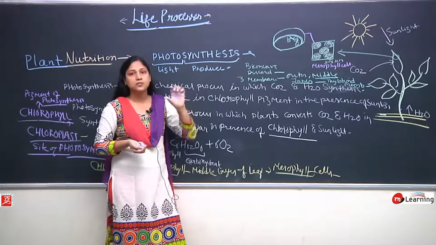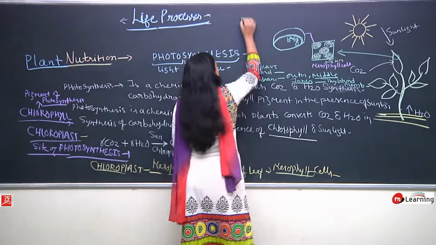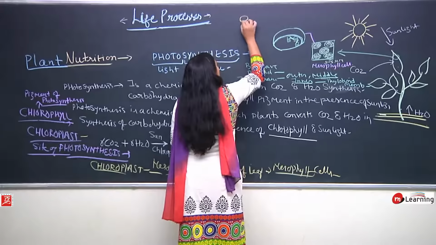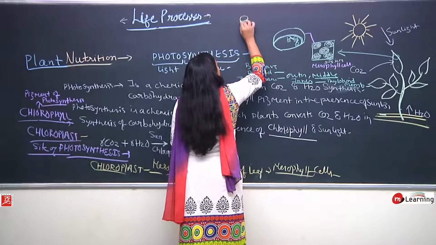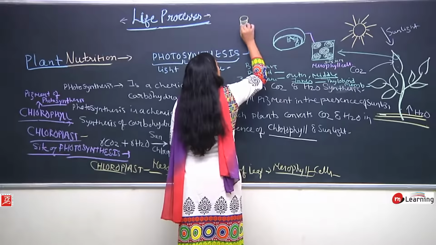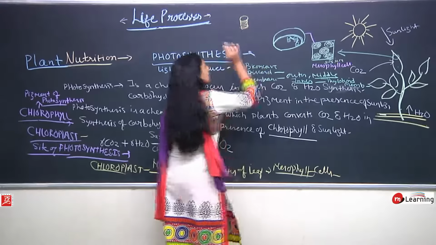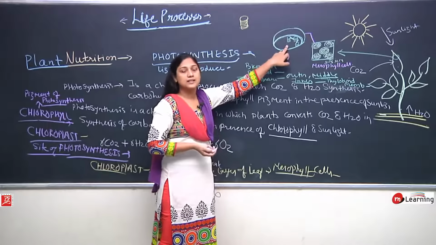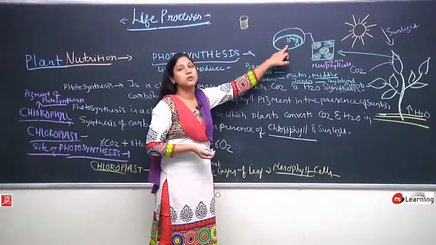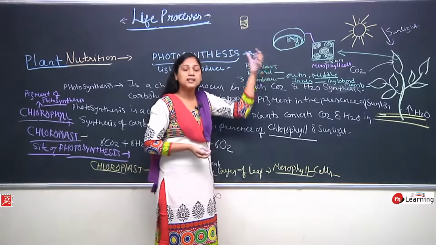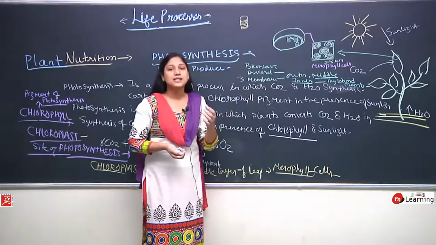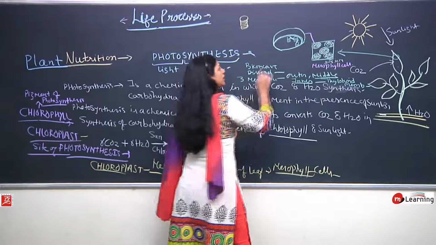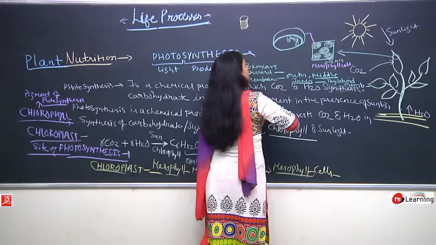A stack kind of structure, like coins. So if we see the internal structure of chloroplast, it has a structure which looks like stacks of coins.